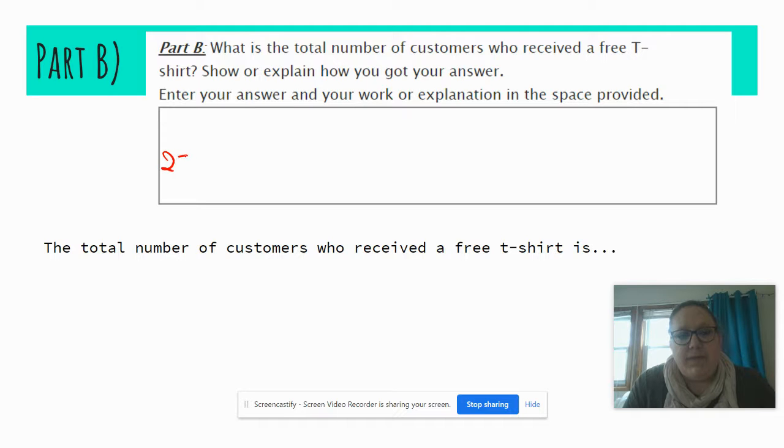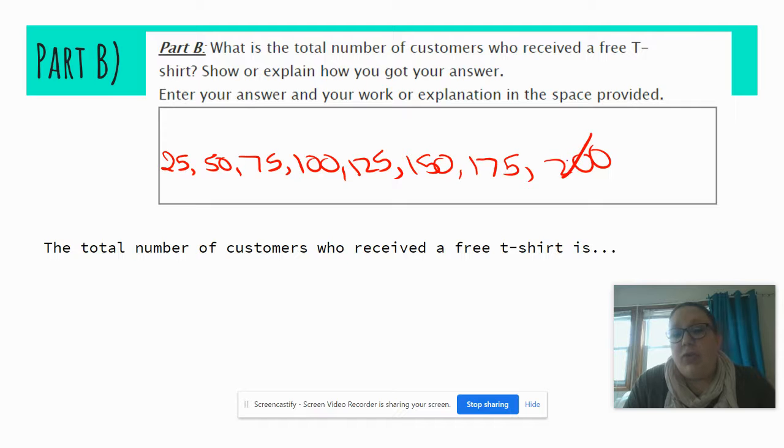We can count 25, 50, 75, 100, 125, 150, 175, and then the 200th will not get one because we're stopping at 180. So even though 25 is not a perfect factor of 180, we can still stop there. The total number of customers who received a free t-shirt is, and then we counted 1, 2, 3, 4, 5, 6, 7.